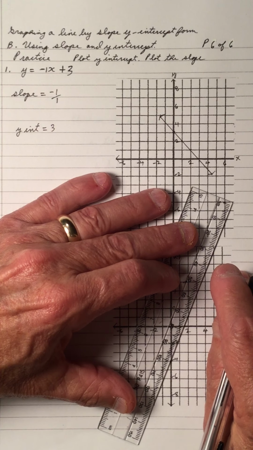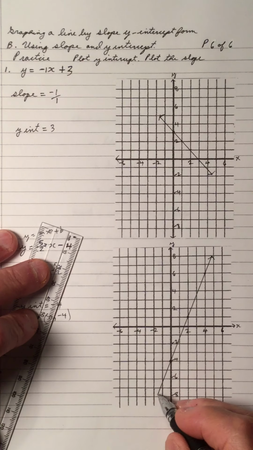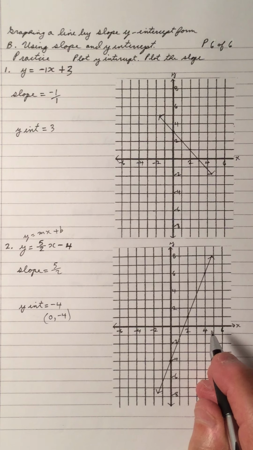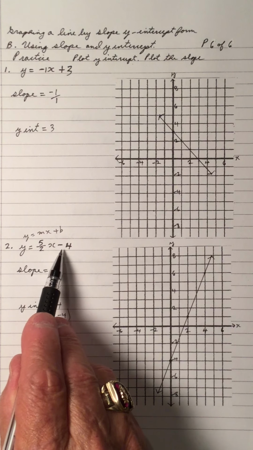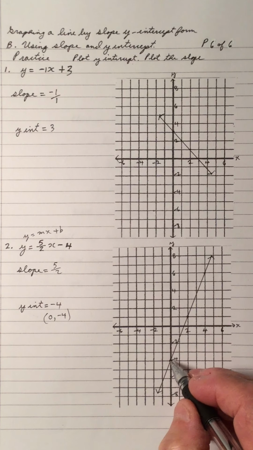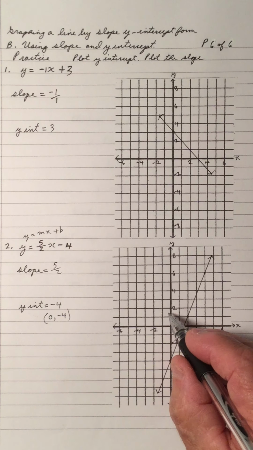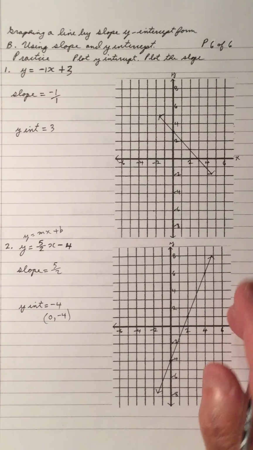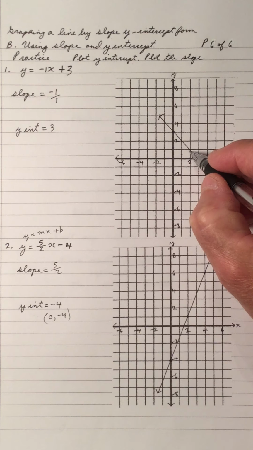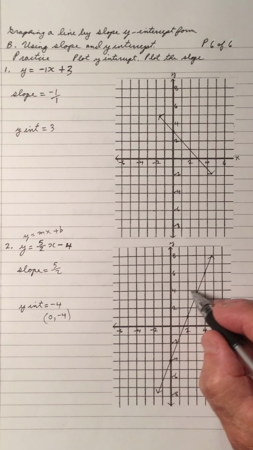And here we go. There's the line that has a y-intercept of negative 4, and the slope is rise over run, so you're up to the right, positive slope. So it rises 5, runs 2. Perfect. Positive slope goes up to the right.